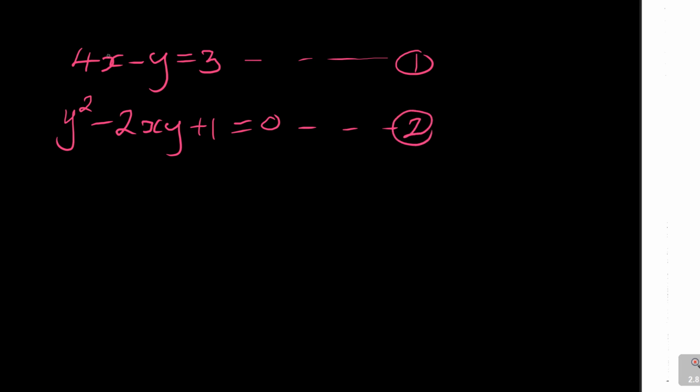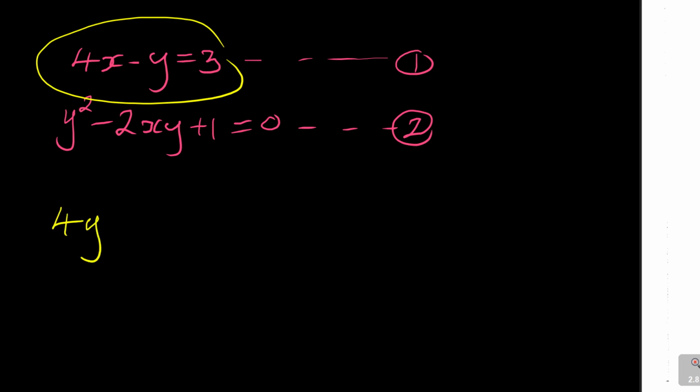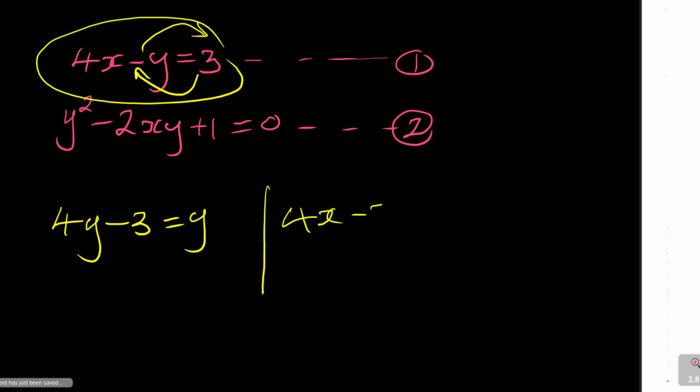As I say, I'm just doing it fast, but look at equation 1. It's much simplified. There are different ways of solving it. Since y is negative, I can take y that side and 3 this side. It will be 4x minus 3 is equal to y. That is one way. Or I can remain with negative y is equal to negative 4x plus 3, because positive 4x becomes negative when it jumps.